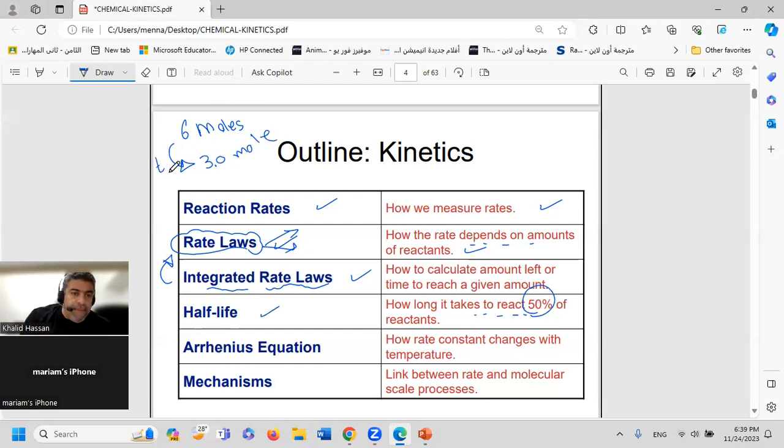So the half-life is the time needed to consume half the present quantity.